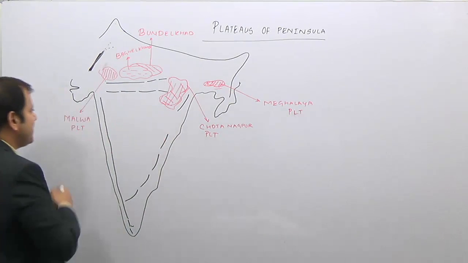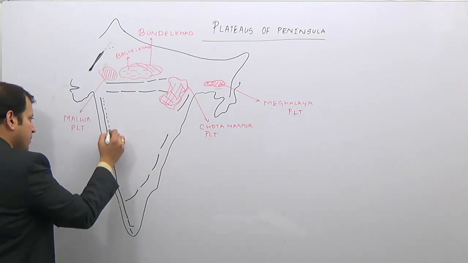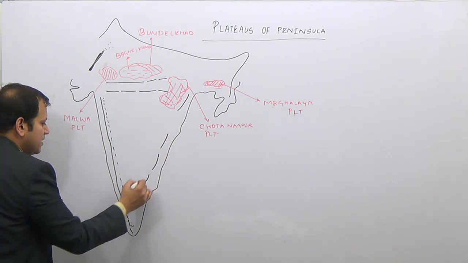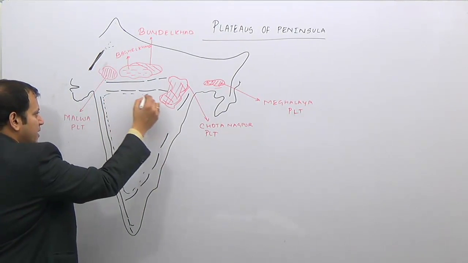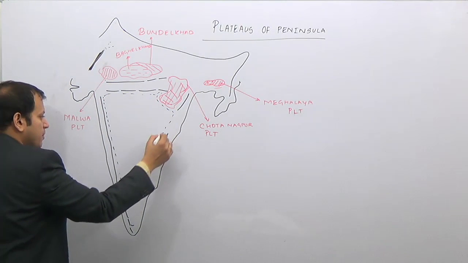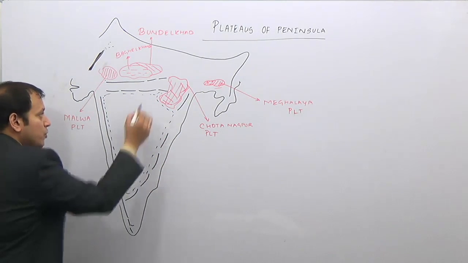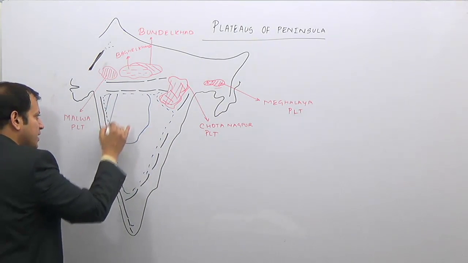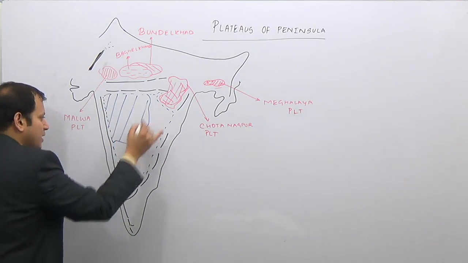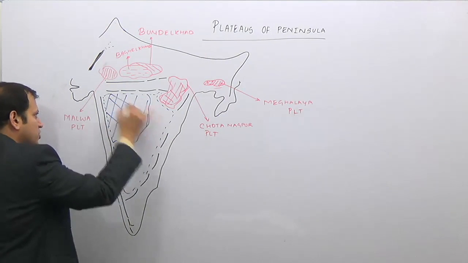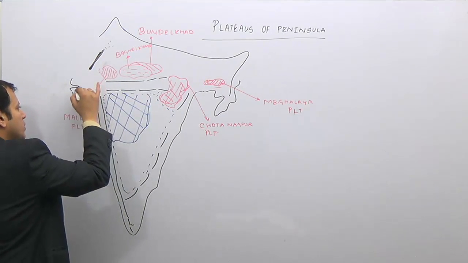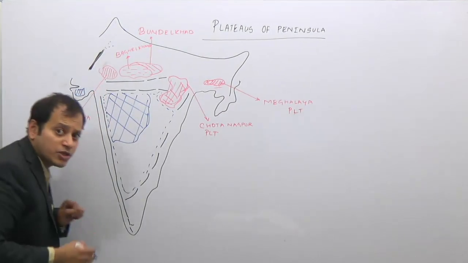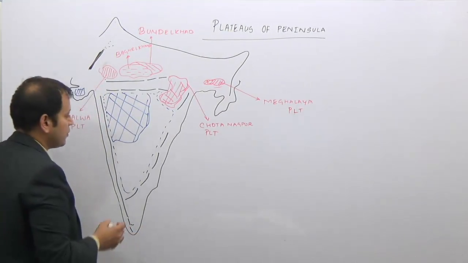The central part, the biggest part of peninsular India, is the Deccan Plateau. This entire part which I am shading is the Deccan Plateau. The central part of this Deccan Plateau is known as the Deccan Lava Plateau or the Maharashtra Plateau, which sometimes also includes the Kathiawar region of Gujarat.